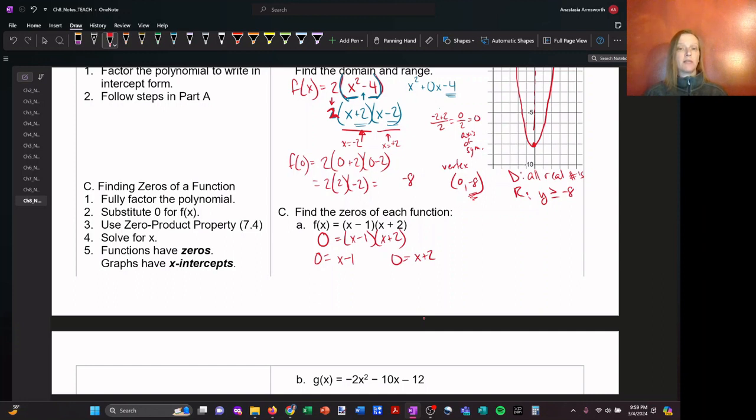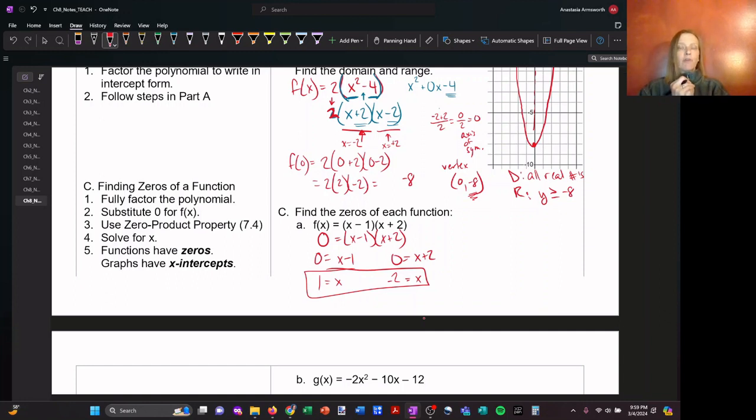If we add 1 to both sides of the equation, we get that x equals 1. And if we subtract 2 from both sides of the equation, we get x equals -2. And those are our zeros for this function.